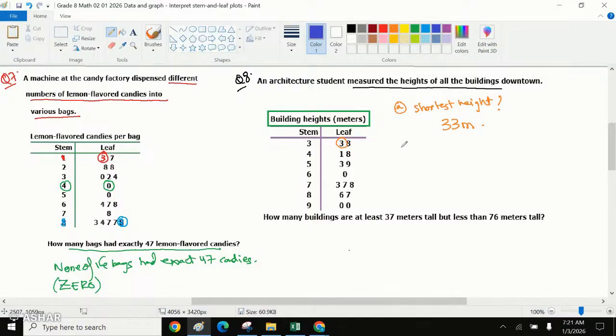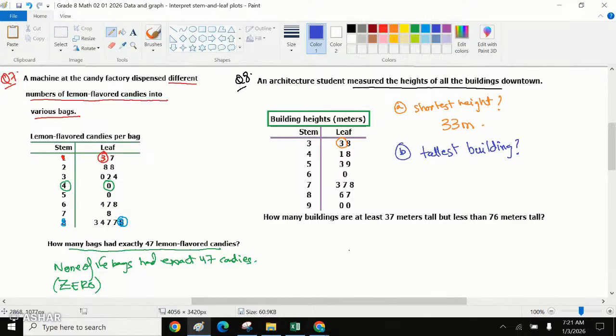Same way, if I ask for the tallest building, it cannot be in the 30s, it cannot be in the 40s, it cannot be in the 50s.